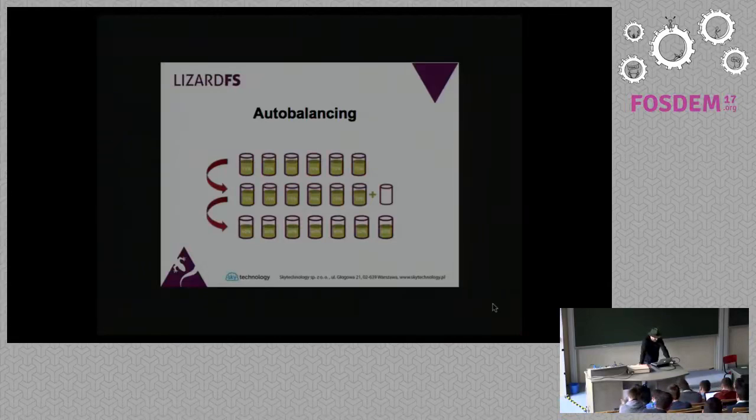The only scenario I have experienced in the last months where we had a problem that actually balanced itself out after a while, funny enough, was somebody took live disks out of one chunk server and shoveled them into another chunk server. That was tricky, but it still managed to delete old versions, replicate stuff around, and it balanced itself out. I was pretty surprised that it managed to do that, but it did. So it's pretty robust.